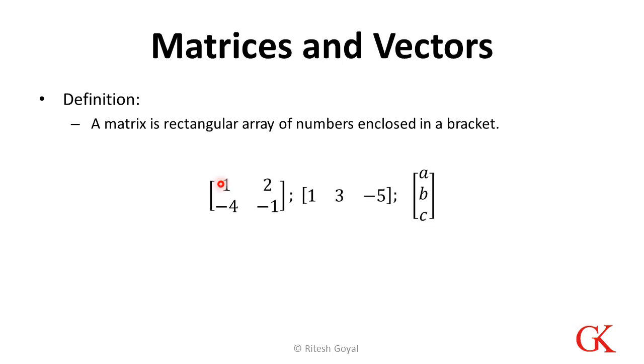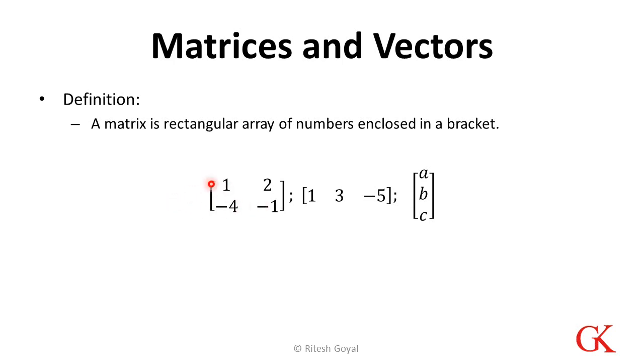Some examples look like these three examples, where the first one has four numbers: 1, 2, minus 4, minus 1. The second one has three numbers. The third one has another three numbers. All these numbers have been represented in different manners. If we see the first one and count from up to down, the count is 1, 2.